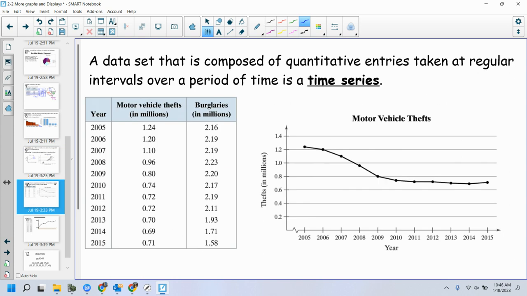And then the last thing that we have is a time series chart. You would call this a line graph. What calls it a time series chart is that it is with respect specifically to time. We'll call it a time series. A data set that is composed of quantitative entries taken at regular intervals over a period of time is called a time series chart.